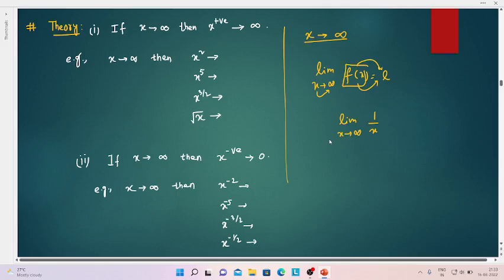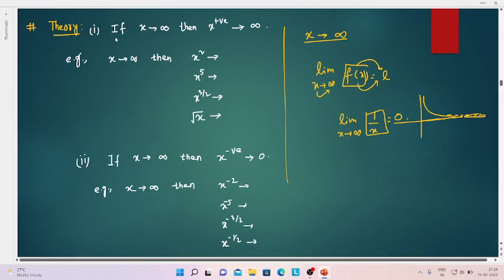As x moves to larger and larger values, 1 by x tends towards 0, right? The graph would look like this: as we increase x, the graph tries to touch the x-axis. So the limit as x tends to infinity of 1 by x is 0.